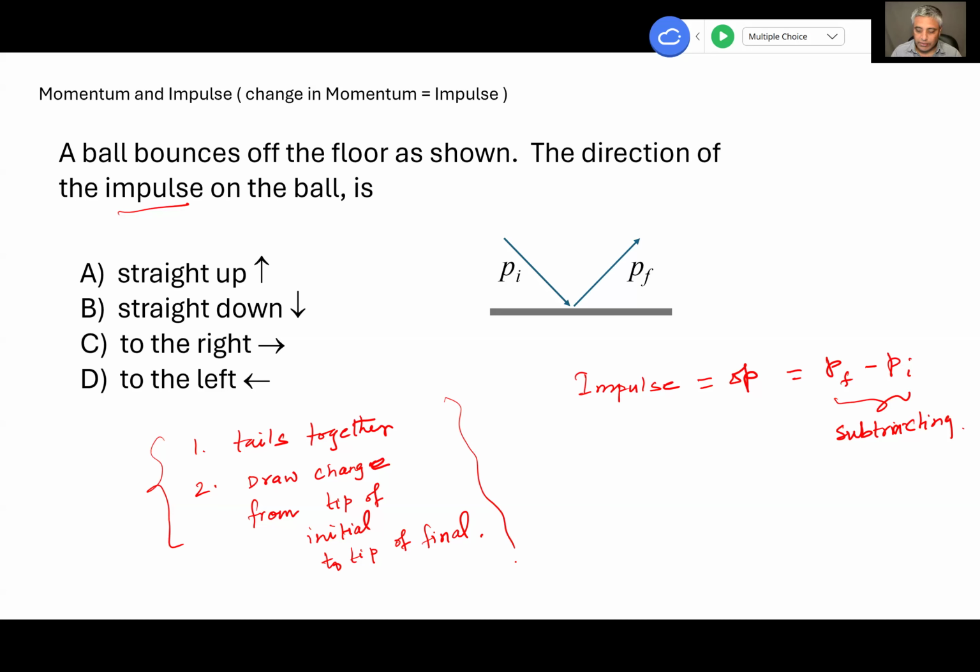So with this information, I'll let you do it, and you have a minute and 30 seconds. Go ahead, draw the change, double check, change your answer if needed.